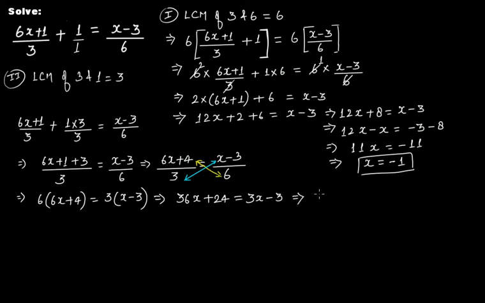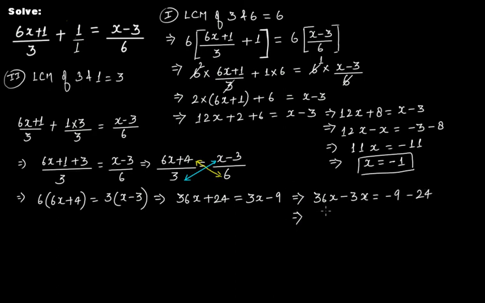This gives you 36x. If you transpose 3x to the left hand side, sorry, this is 3x minus 9. I'm really sorry for this. If you transpose this 3x to the left hand side, this becomes 36x minus 3x is equal to minus 9, then minus 24.